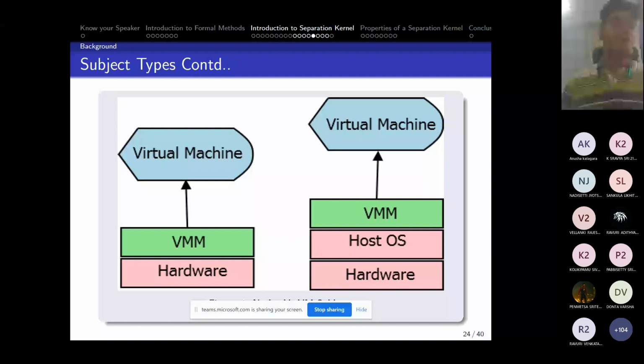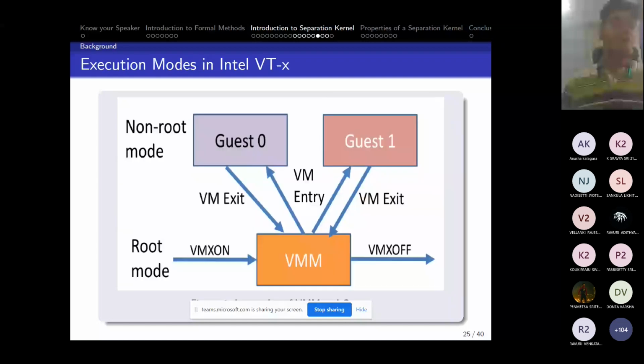VM and native subjects. And there are other processors also. Precisely, this Intel VT-x processor nowadays supports this VM and non-VM mode. So there will be a command called VMXON.